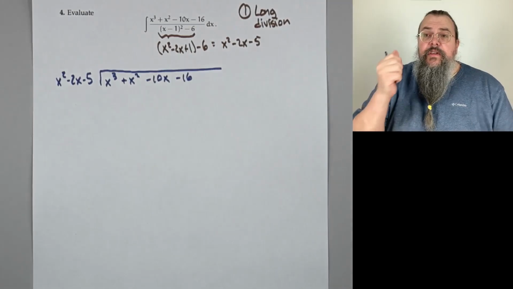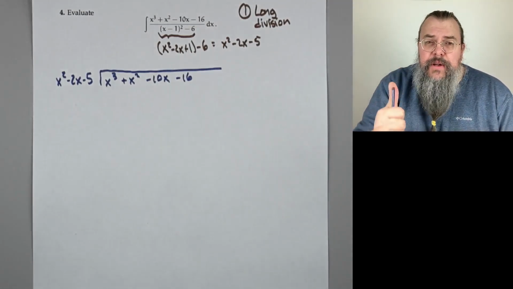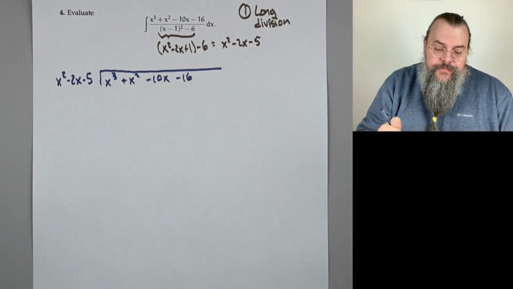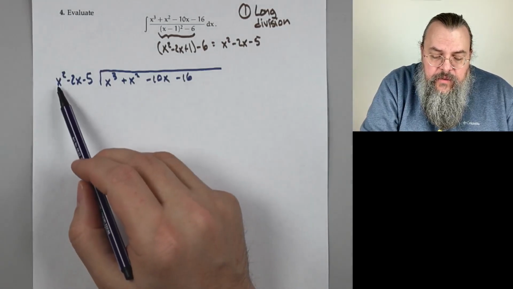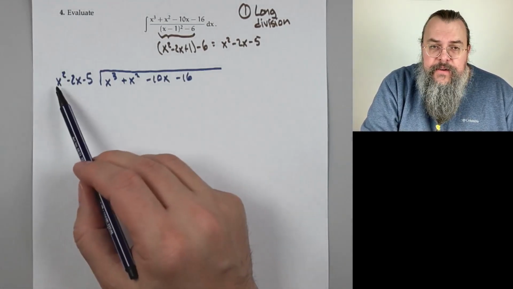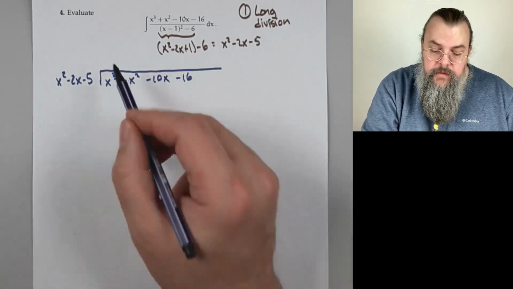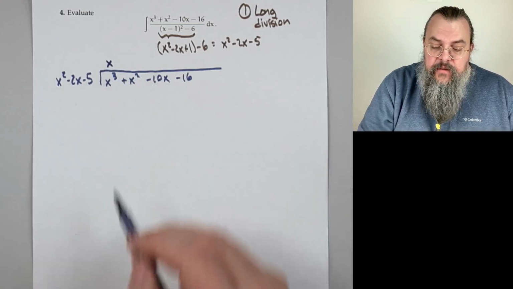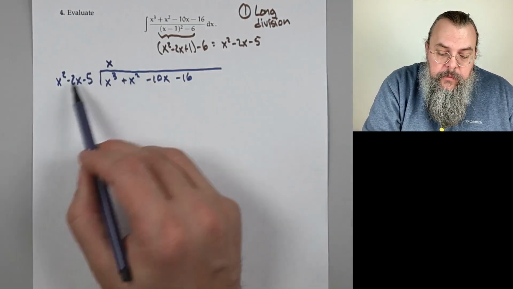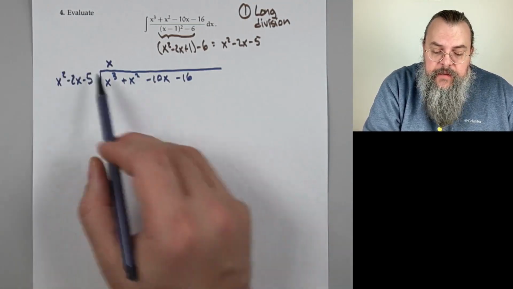The good news is you always just think about what's happening with the highest power. So x squared, x cubed. What do I have to multiply x squared by to get x cubed? x. So that's x. Now, multiply this whole thing we're dividing by x.